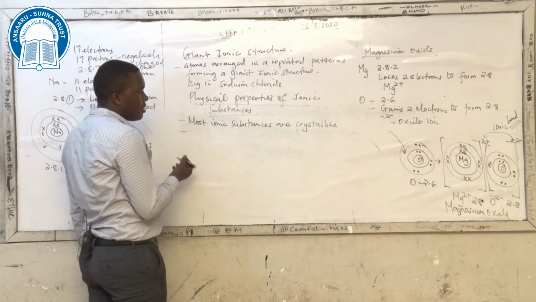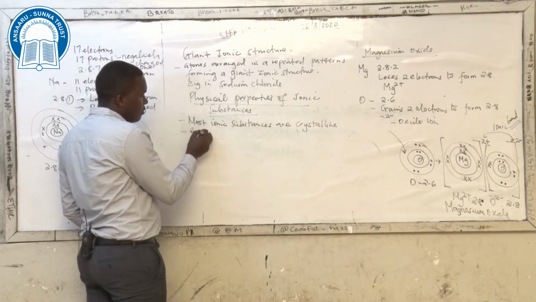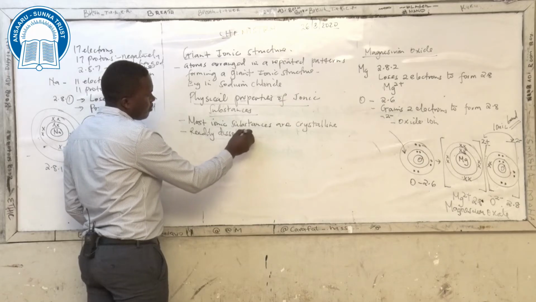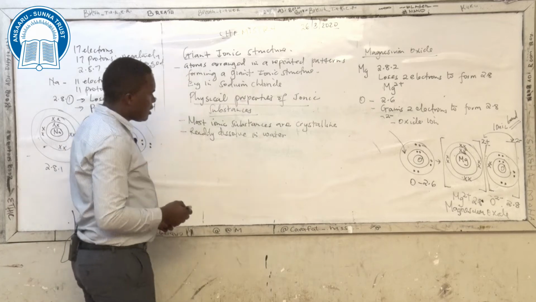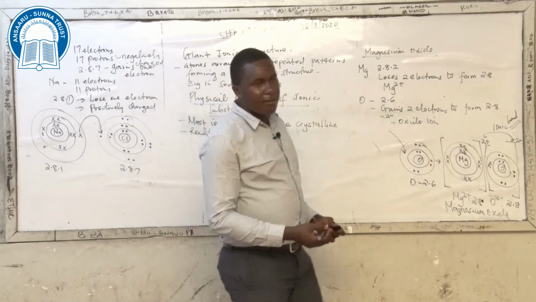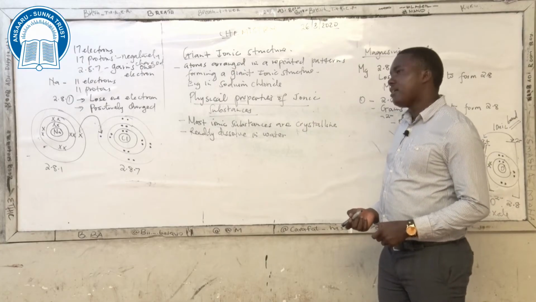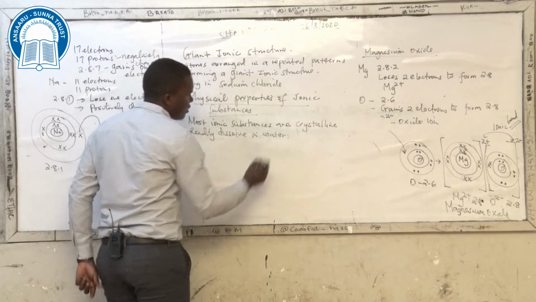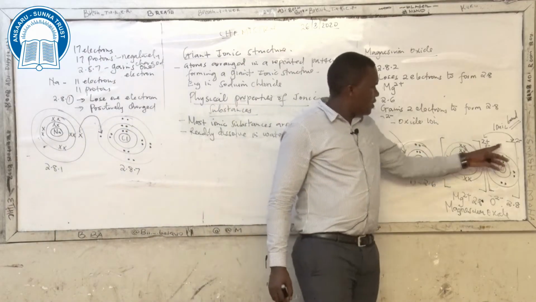in terms of solubility, these substances are readily soluble. They readily dissolve in water. And you can ask the question, why? Why do ionic substances readily dissolve in water? This is because when you look at these substances, they have ions, oppositely charged particles.